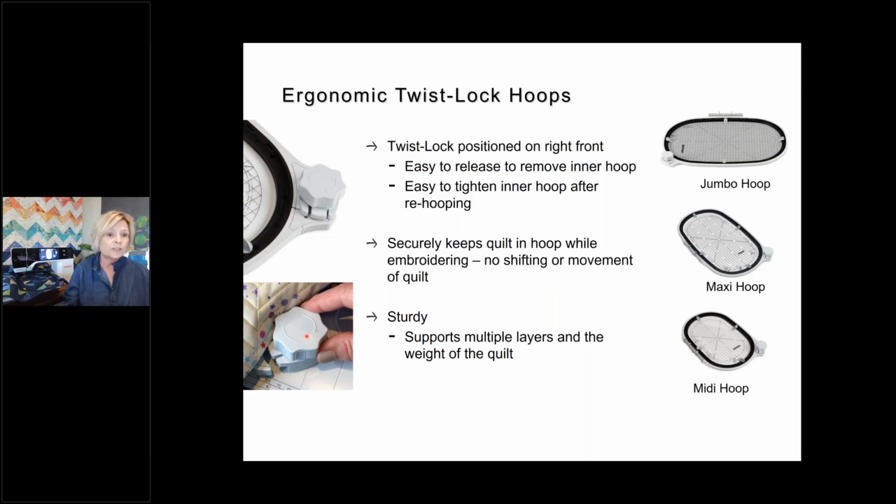And nothing is going to move, it's not going to shift as you are quilting. And even with the different weights and the different thicknesses of the battings that you choose, you can be certain that it's not going to shift in the hoop. These hoops are also very sturdy, and they do support multiple layers of batting, and it does support the weight of the hoop.